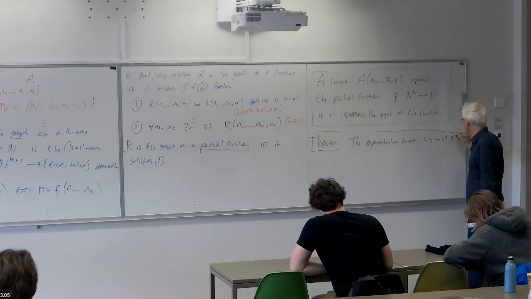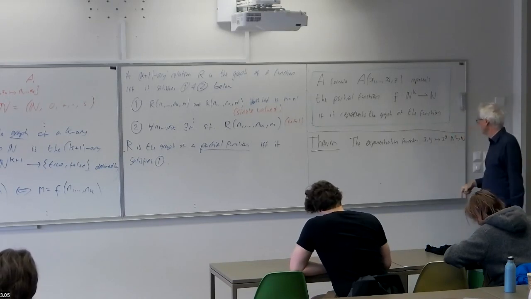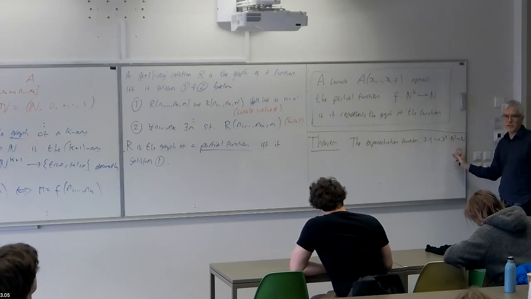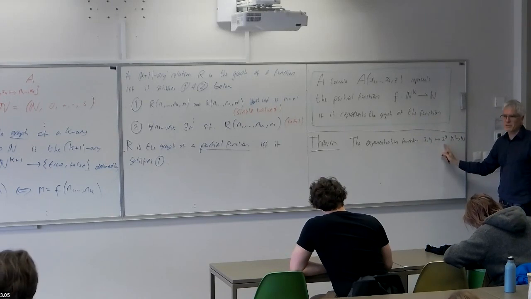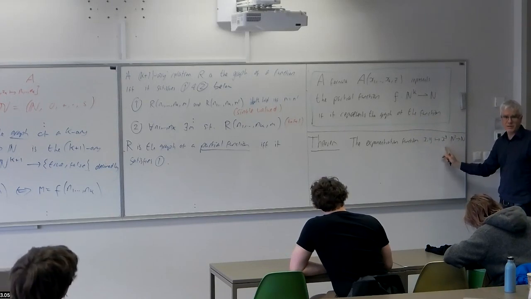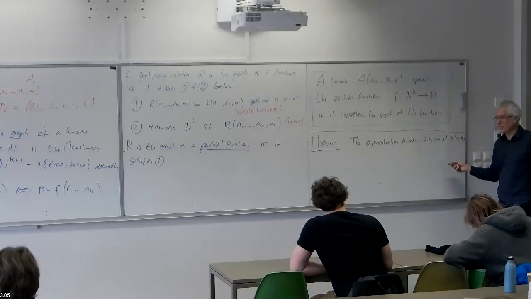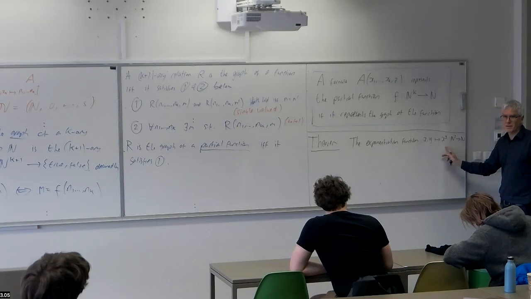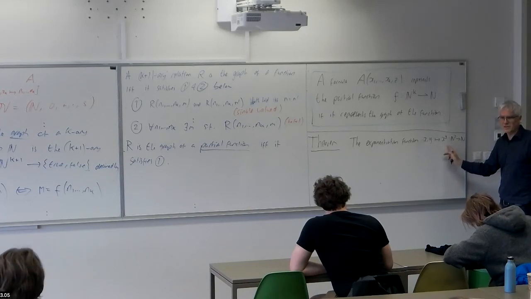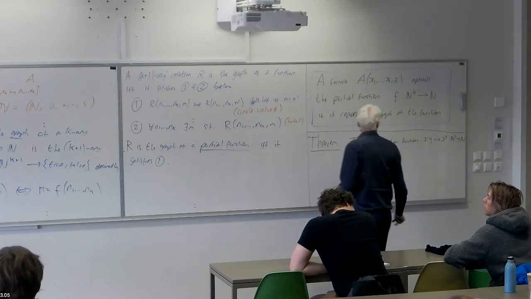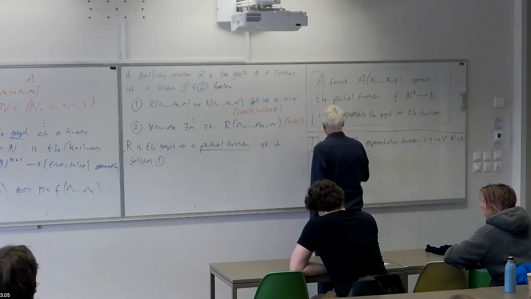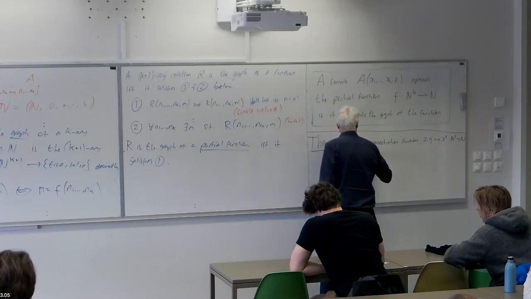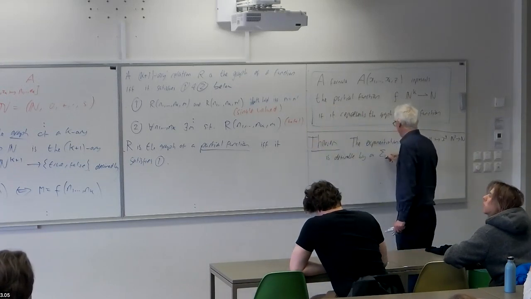This is a function from N squared to N. One slight issue, if we want it as a total function, is that we need to give a value to 0 to the power of 0. We could have it as a partial function if we wanted, but I am going to take the value 1 as 0 to the power of 0. So the exponentiation function is definable by a sigma 1 formula.